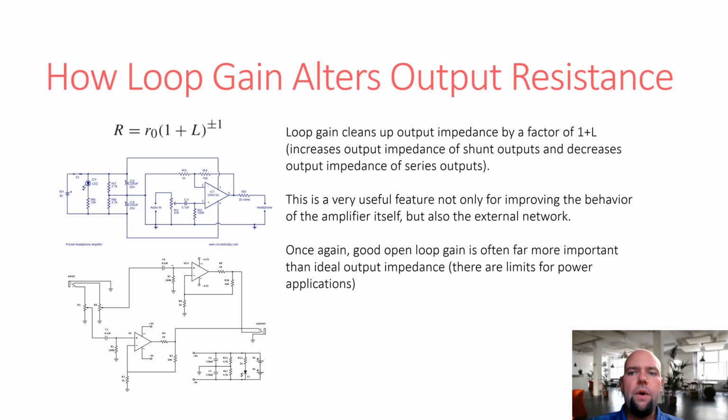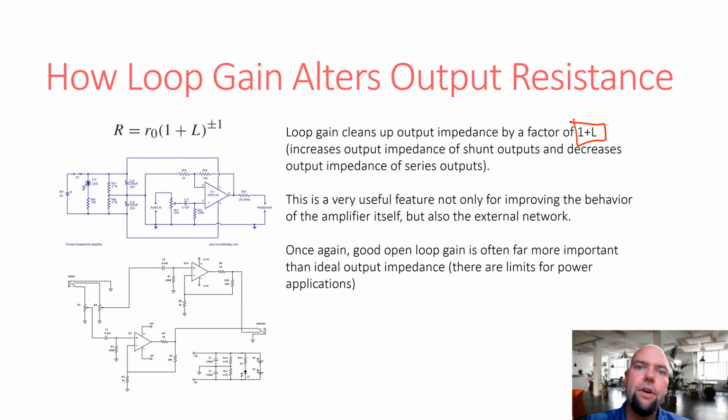So how does loop gain alter output resistance? Let's start with that. Well, loop gain improves output resistance by a factor of 1 plus L. That means for situations where you expect to see high output resistance, so for instance, things like shunt output, things like current output, right?